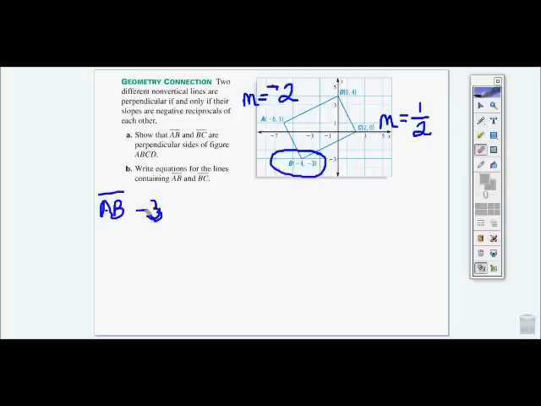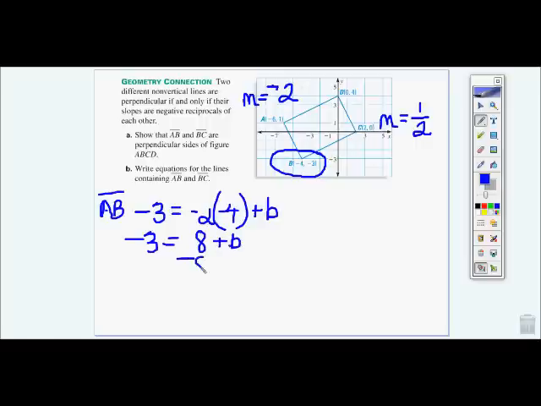Negative 3 equals, my slope we figured out was negative 2, my x in this case is negative 4, and this is going to be plus b. So I have negative 3 equals, simplifying, negative 2 times negative 4, positive 8 plus b. Subtract 8 from both sides, and I get that b equals negative 11.